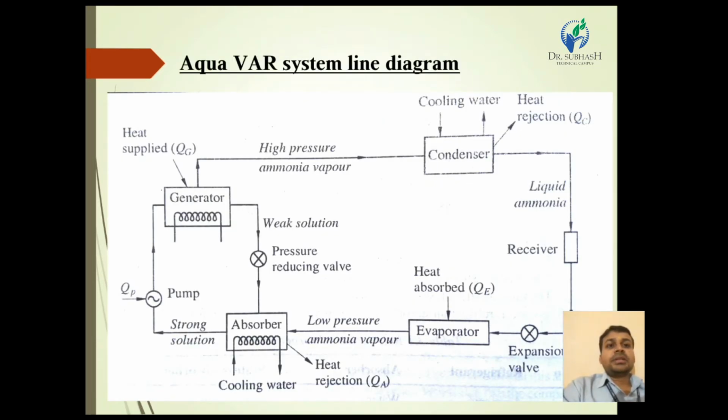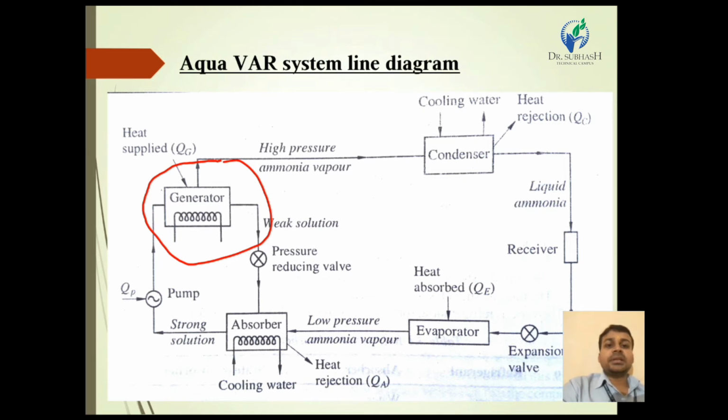Now let's understand the line diagram of the aqua VAR system. The first component of a VAR system is the generator. The generator requires heat from another source, meaning we have to give heat externally to the generator.